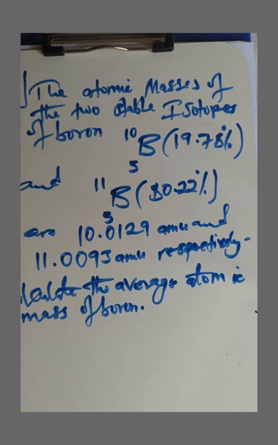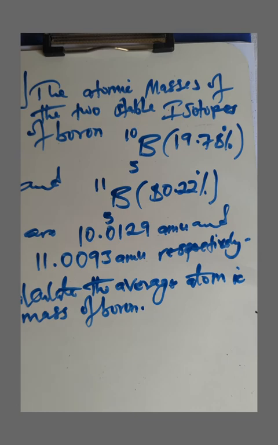You need to have updated periodic tables, because the updated ones have decimals. For example, carbon is 12 on the secondary periodic table, but in natural sciences you'll find it's 12.01. So let's proceed and find the average atomic mass of boron.